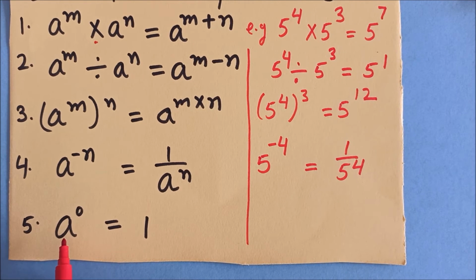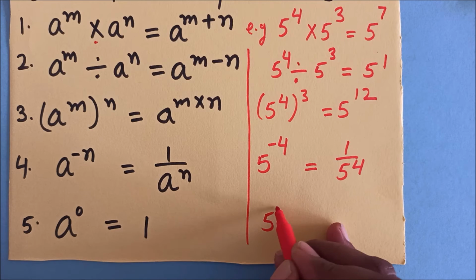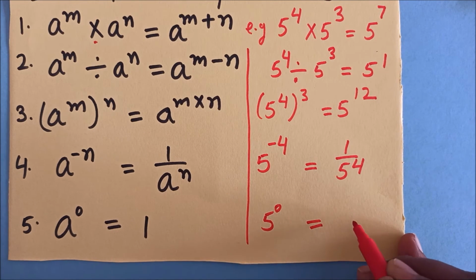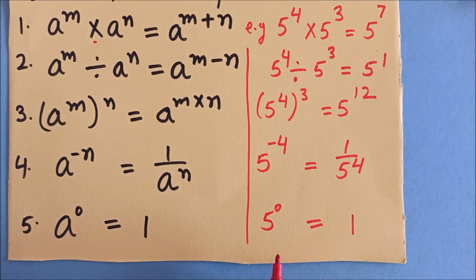If we have any number raised to power 0, this will always be 1. Students always ask, how is this? What we said is power tells you how many times you are repeating something. You are not repeating 5, so that means your answer is 1.